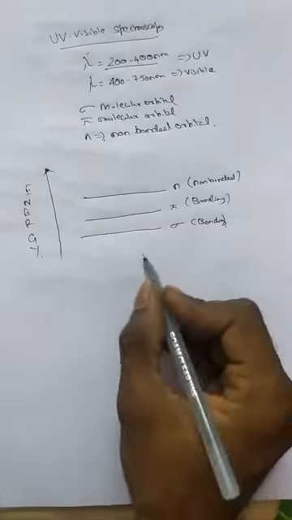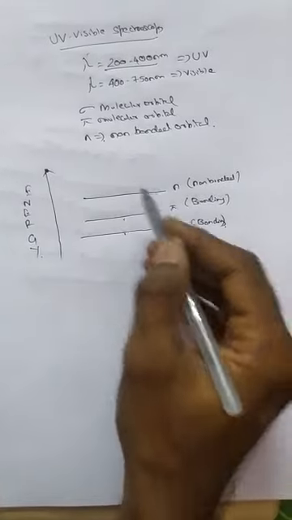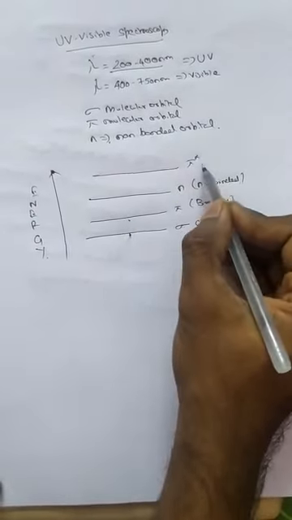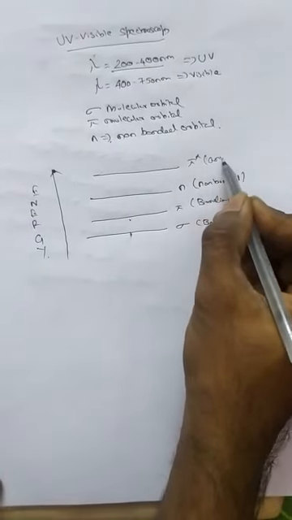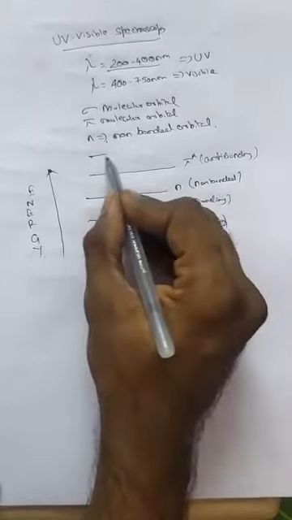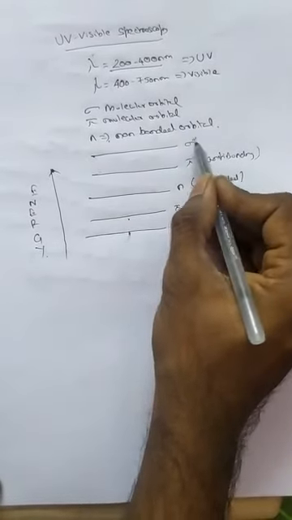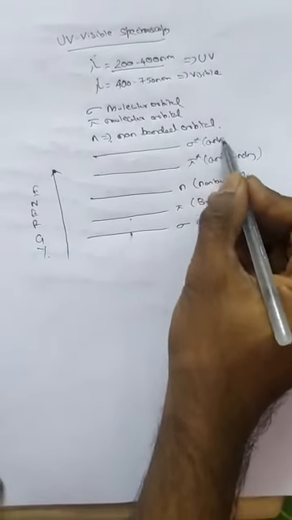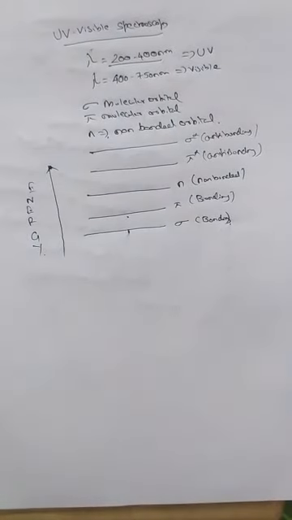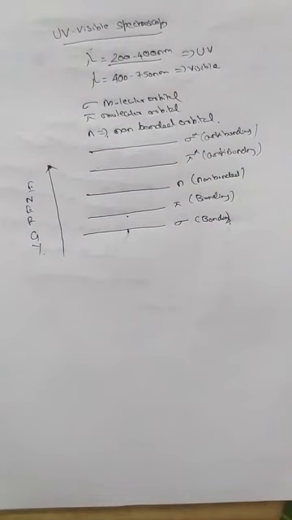So an electron may be present in the sigma, pi or N, and then pi star, which has a higher energy than the N, the pi star anti-bonding orbital, and then the sigma star anti-bonding orbital. So this is the energy diagram.